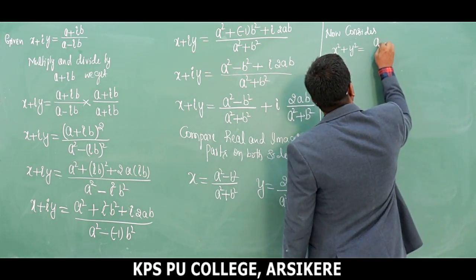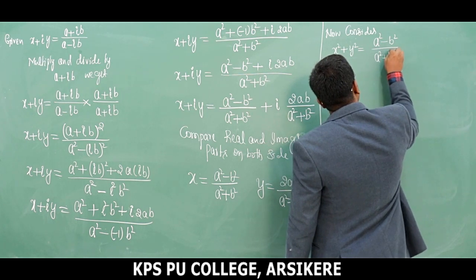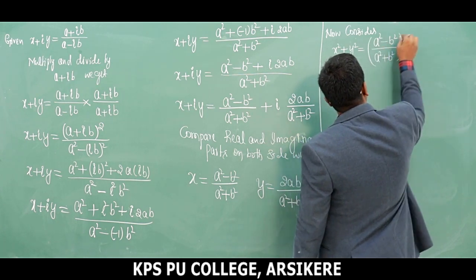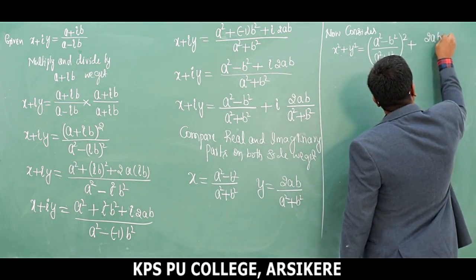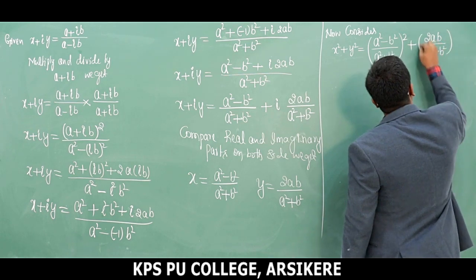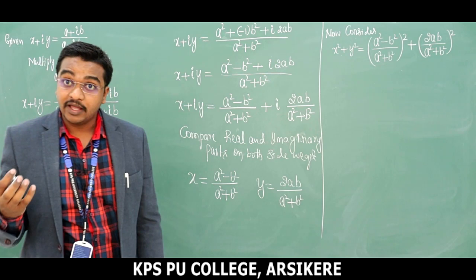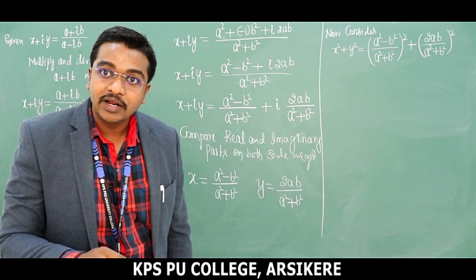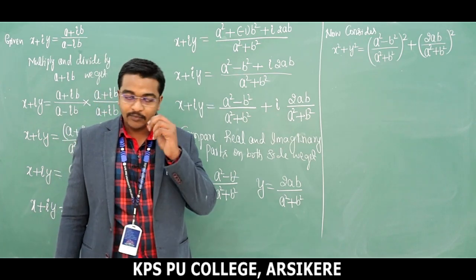So a square minus b square divided by a square plus b square whole square plus y is 2ab divided by a square plus b square whole square. Right? Whenever you get terms like a by b whole square, it can be written as a square divided by b square.